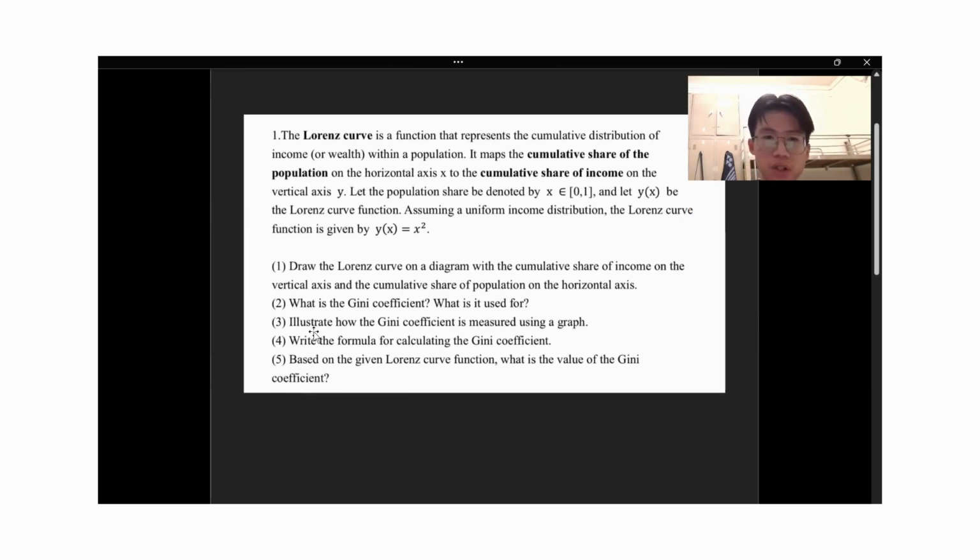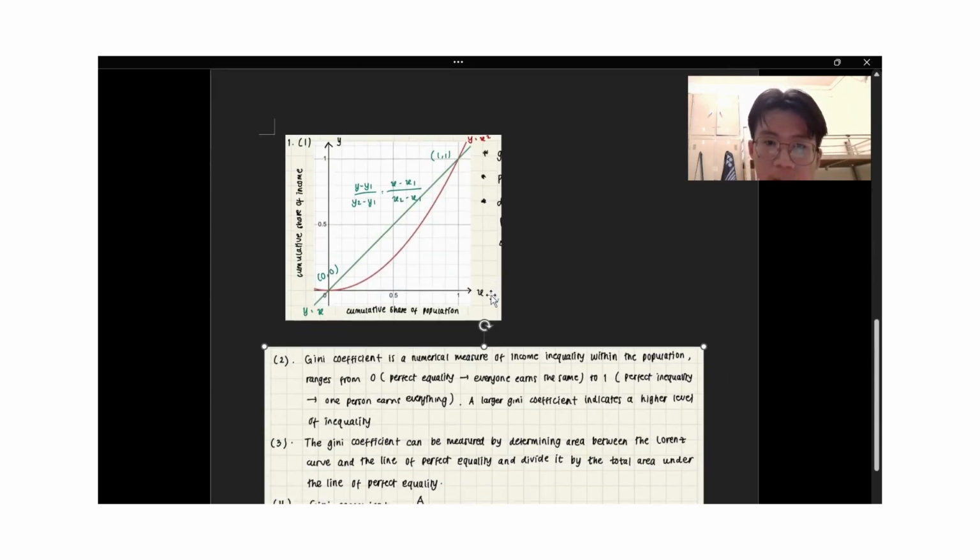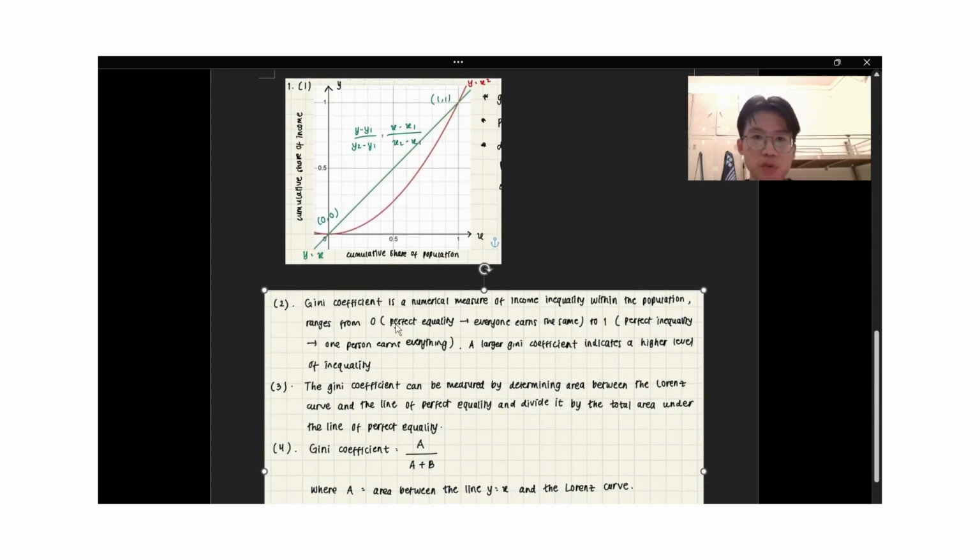The second question is, what is the Gini coefficient and what is it used for? The Gini coefficient is a numerical measure of income inequality within the population.